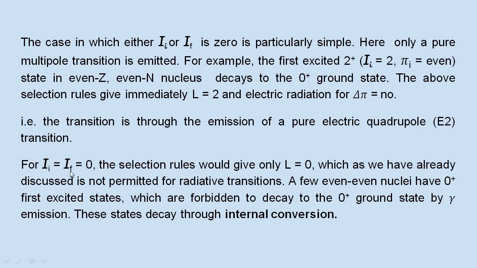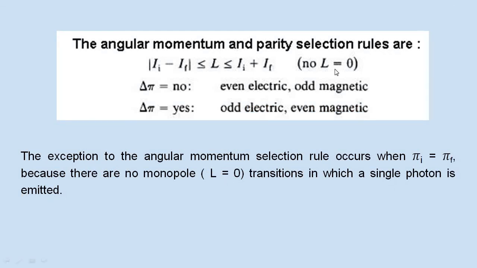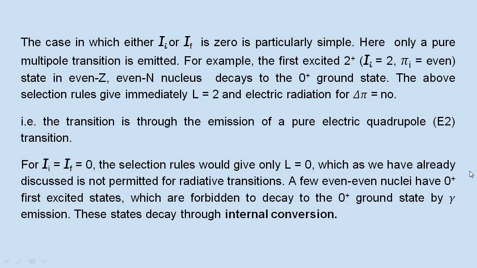For I_i equal to I_f equal to 0, the selection rules would give only L equal to 0. This we have mentioned in the selection rule: no, L equal to 0 is not possible. That means I_i equal to I_f, which, as we have already discussed, is not permitted for radiative transitions.